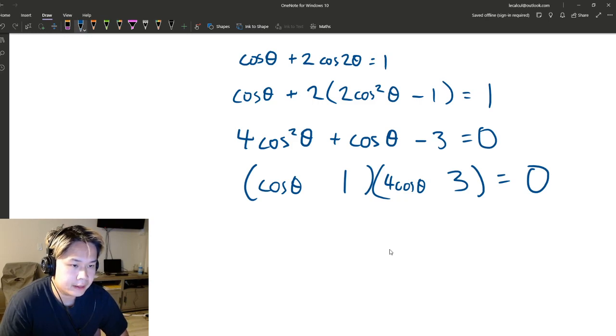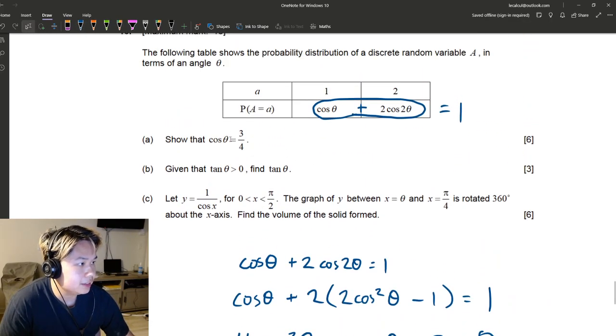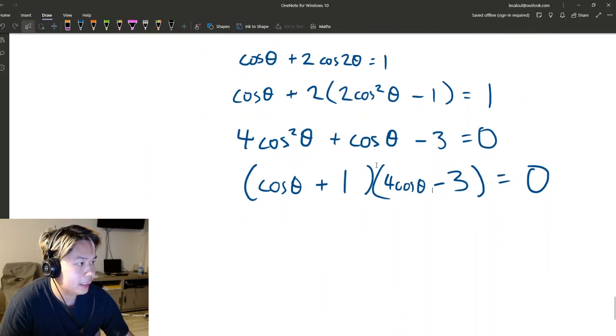And then I think it's minus, no, plus and then minus. So we factored it, and then show that cosine equals 3 over 4. That comes from this factor right here, right? And this is why this question's worth 6 marks.